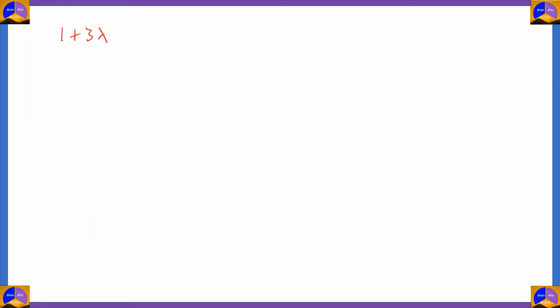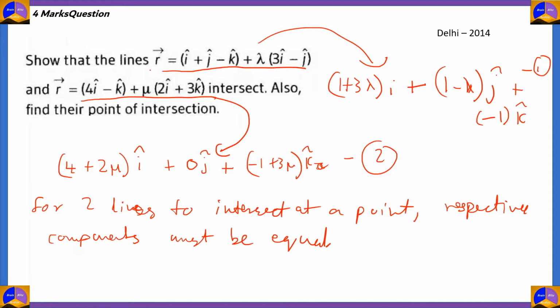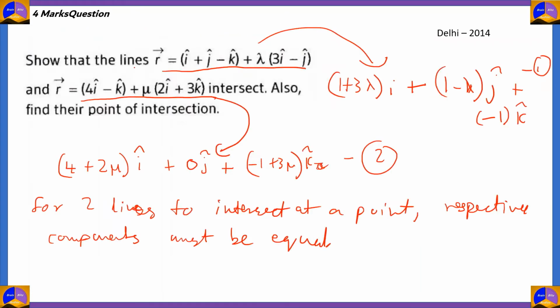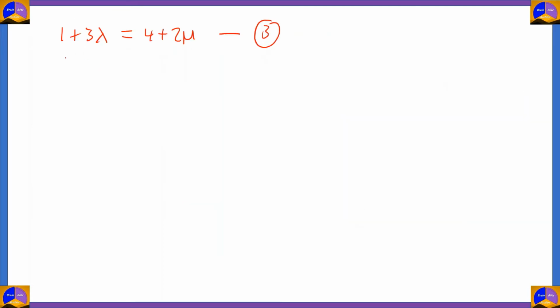So 1 plus 3 lambda will be equal to 4 plus 2 mu. Let's write this as equation 3. And we can also write that 1 minus lambda, which is the component for j, will be equal to 0, equation 4. And we can also write that minus 1 will be equal to minus 1 plus 3 mu. Let's write that as equation number 5.